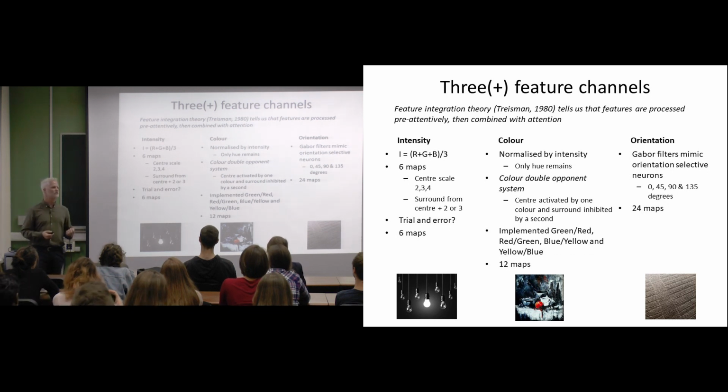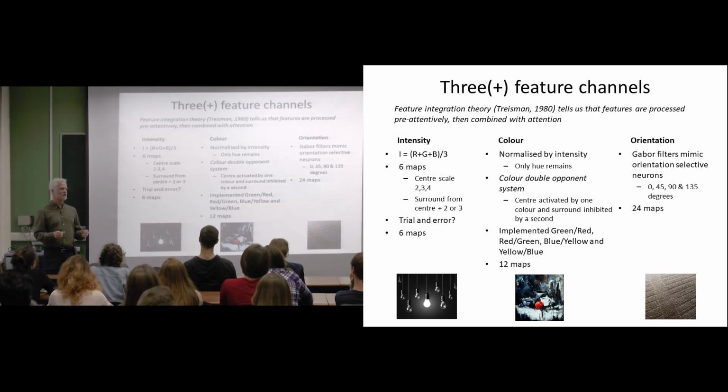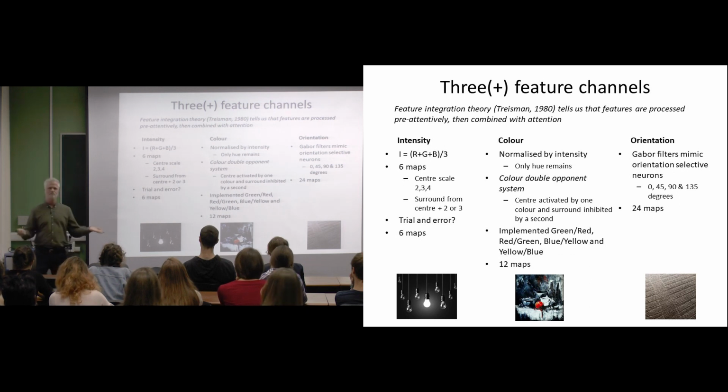And she told us that the visual information is parsed separately to start with. The visual system extracts features from the visual stream and processes those features individually first, pre-attentively. Then we use attention to merge those features together. Sounds great. Here's a theory that we can use to do something similar with our algorithm.